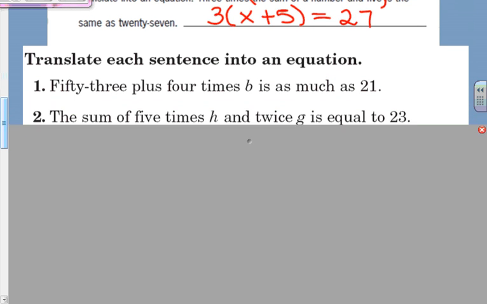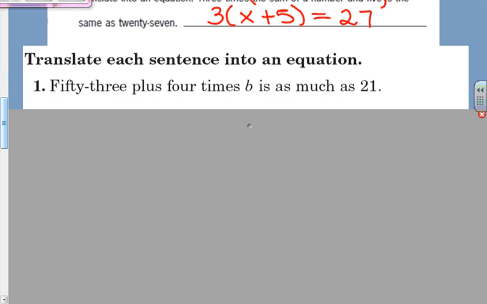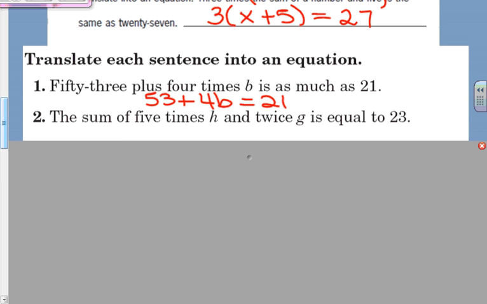I'm going to give you some more examples. 53 plus 4 times b, 4b, is as much as 21. Simple enough. The sum of 5 times h and twice g is equal to 23.